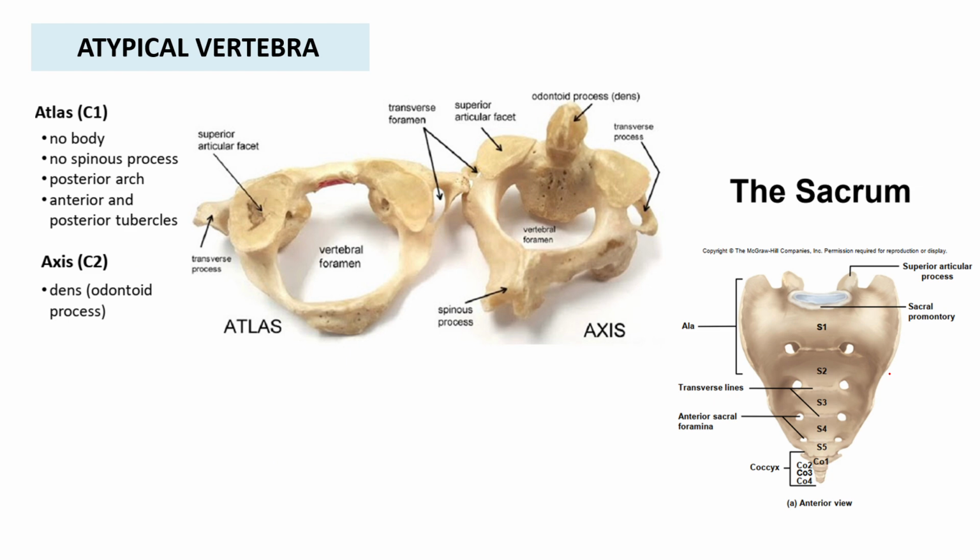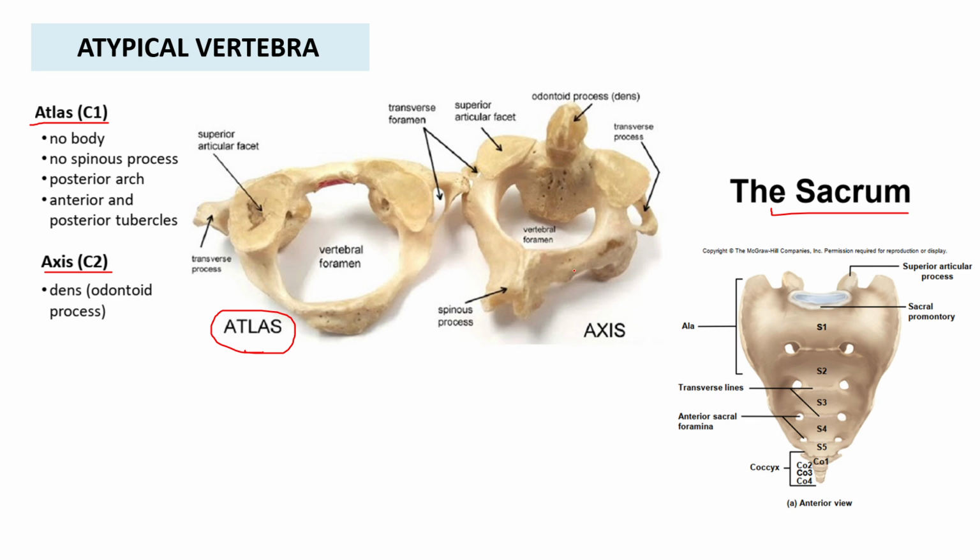Next, the atypical vertebrae. For example, the atypical vertebrae can be classified into the C1 or atlas, C2 or axis, and also the sacrum. If you look at the atlas or C1, it is atypical because it has no body and no spinous process, and it has only a tubercle.